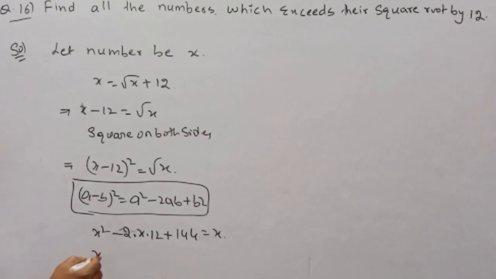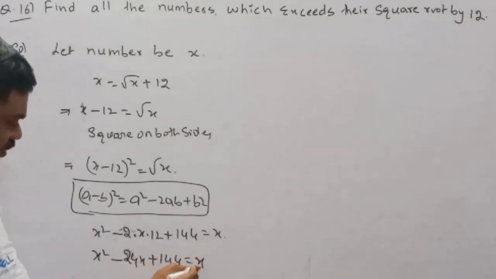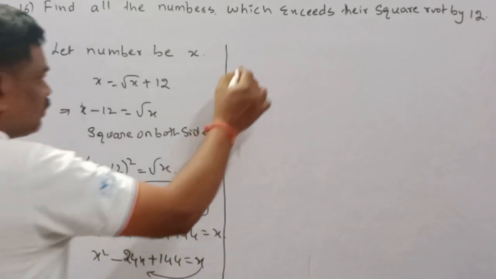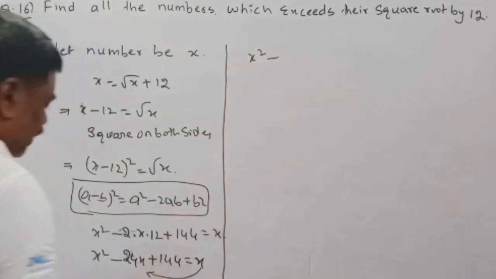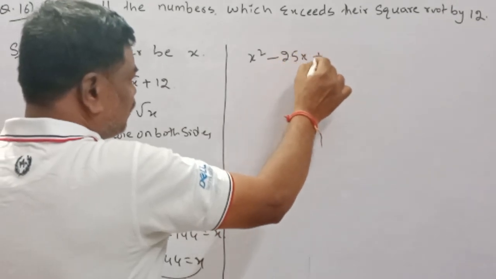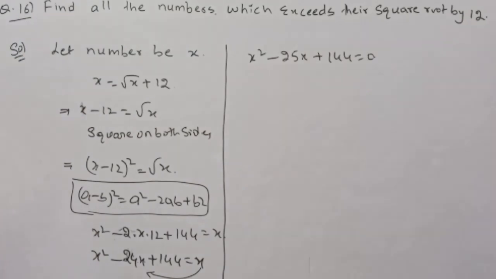So x square minus 24x plus 144 is equal to x. You can take this to this side. Then we have x square minus 24x minus x, that is minus 25x, plus 144 equal to 0.